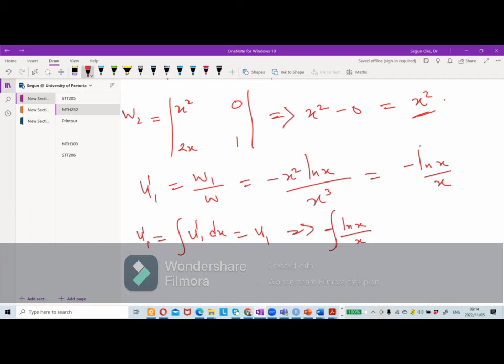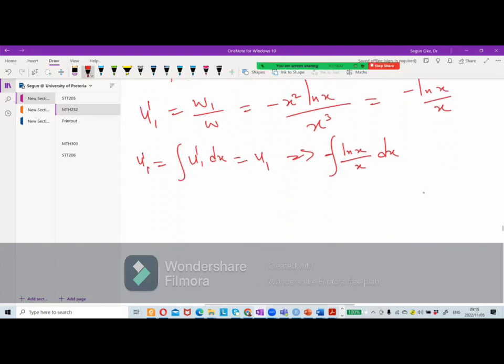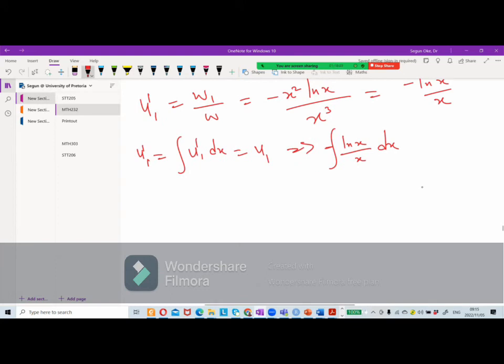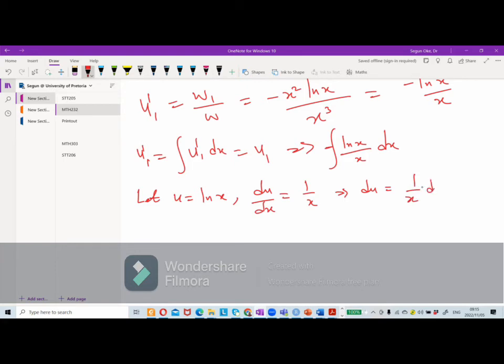So what is the integral of minus ln x over x dx? Then you have to use the substitution method for you to easily get rid of it, or else you'll find yourself hooked somewhere. Let u equal ln x. du dx is equal to 1 over x, and du is equal to 1 over x dx.